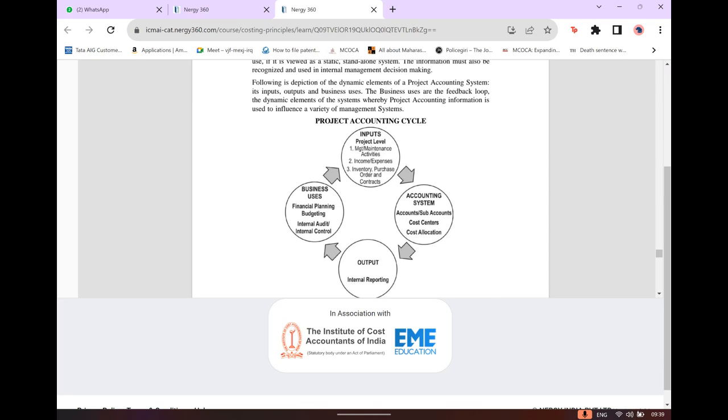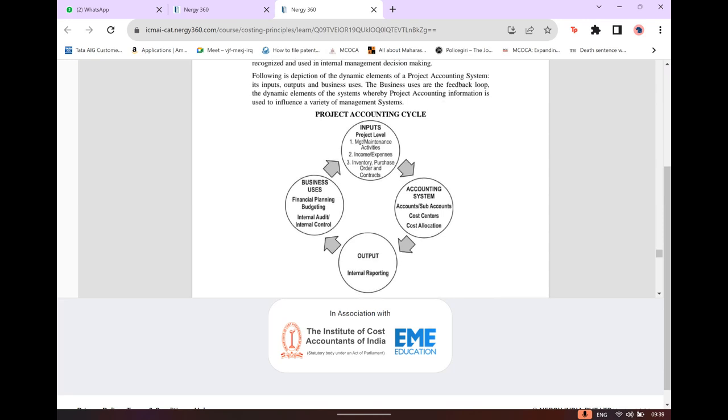Let us understand the project accounting life cycle. What are my inputs at the project level? Management or maintenance activity, then income and expenditures, then inventories, purchases, overheads. Accounting then classifies this into accounts and sub-accounts, and you prepare the cost center allocation.